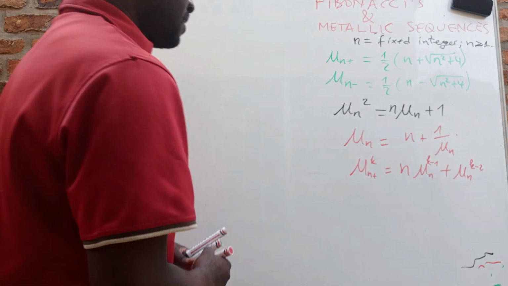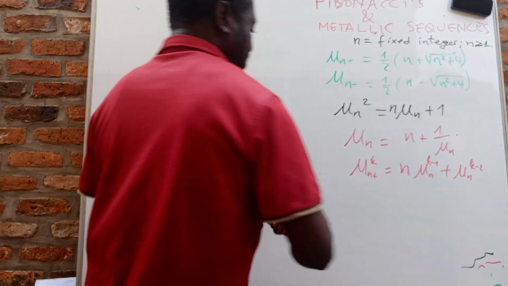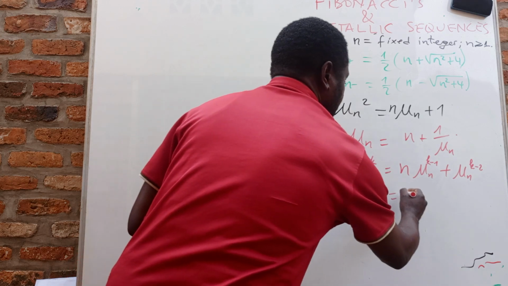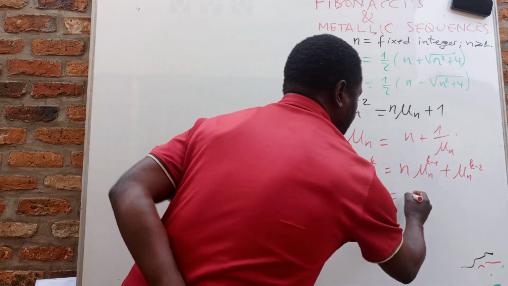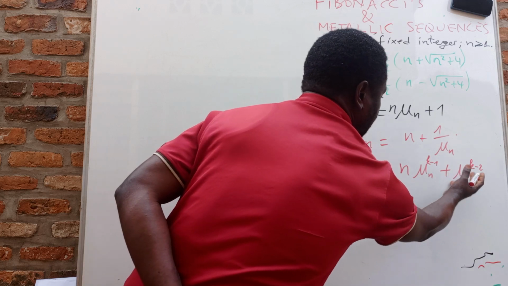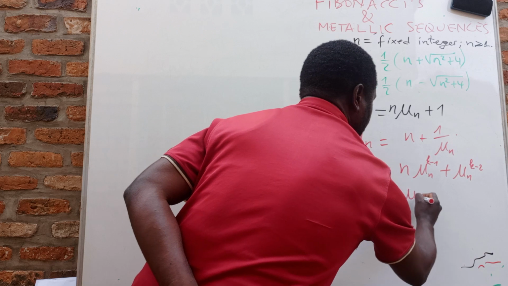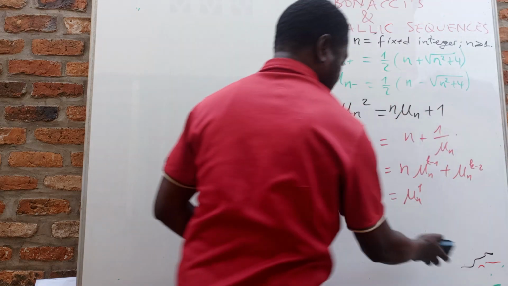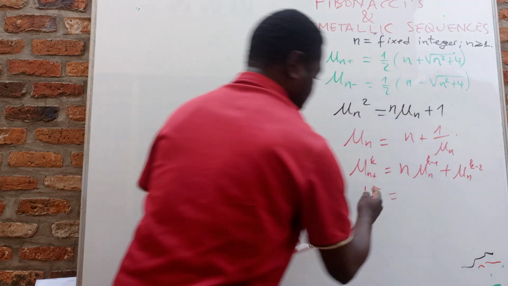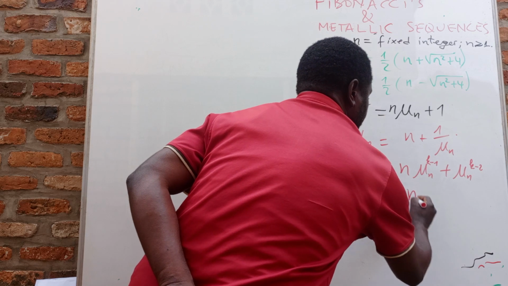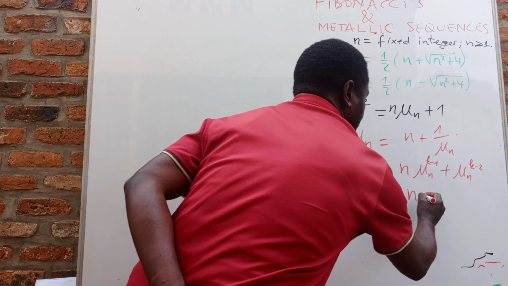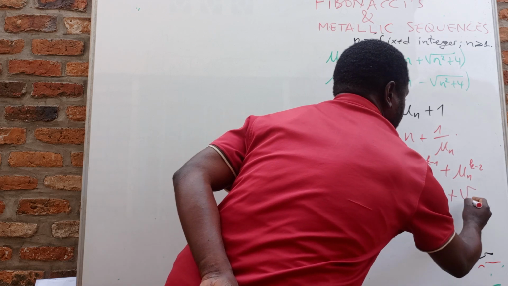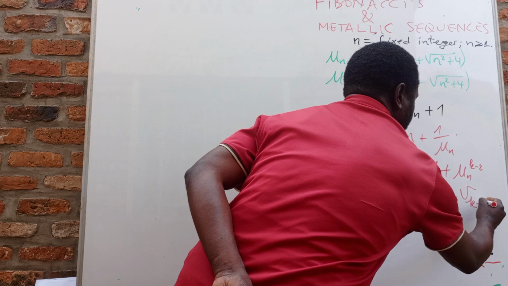We can denote this as vk, the first one. With this notation, it becomes vk equals n times vk minus 1 plus vk minus 2.